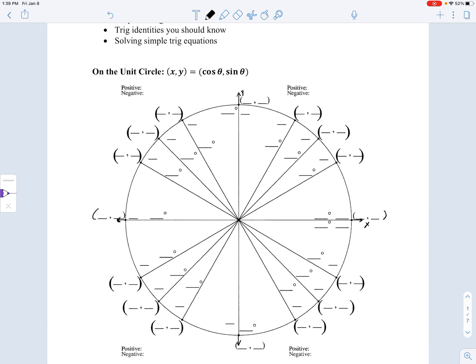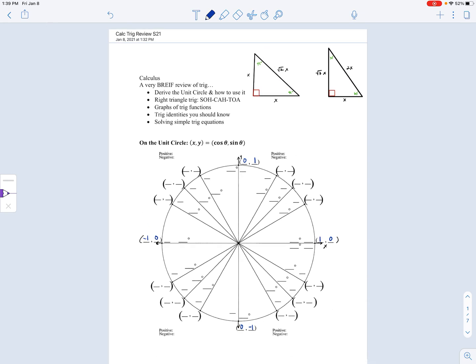The unit circle has a radius of 1, meaning we can figure out what some of these points are. This point over here that lies on the unit circle would be (1, 0). This would be (0, 1), (-1, 0), and (0, -1).